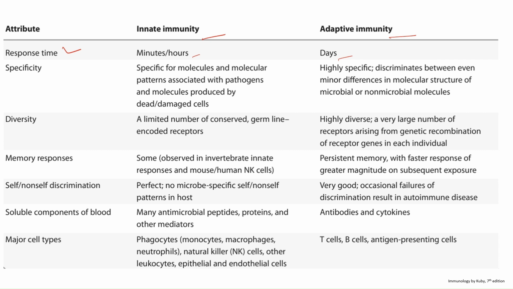After they interact with the pathogens, they will activate the adaptive immune system. So whenever the pathogens enter our body, first of all, the innate immune system comes into play. They will activate the adaptive immune system, and that's how the adaptive immune system comes into play. So it will take some time. The response time of the adaptive immune system is in days, whereas for the innate immune system, it is within minutes and hours.